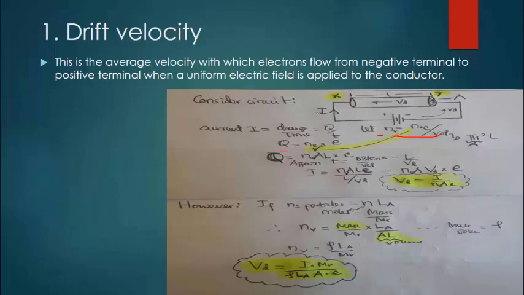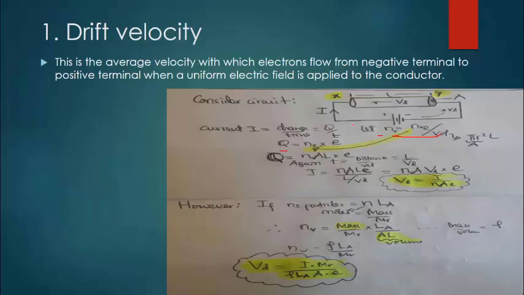I repeat that current is equal to the charge over time. Let the number of charges per unit volume in this circuit be the number of electrons per unit volume, where volume is pi r squared L, and pi r squared is the cross-sectional area A that we assumed there. To get the total amount of charge, it is the number of electrons times the charge of an electron.